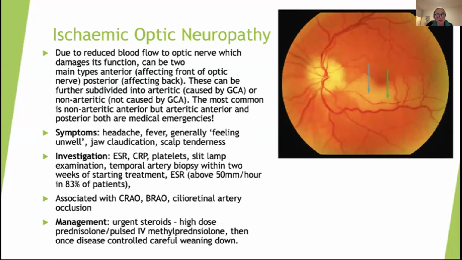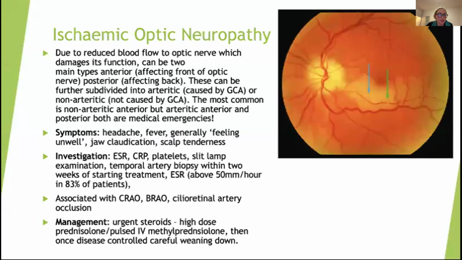And the important thing to remember with temporal artery biopsy is that you can get skip lesions, so negative on a temporal artery biopsy doesn't necessarily rule out GCA. So the ESR is the key thing that will indicate that in terms of investigations.